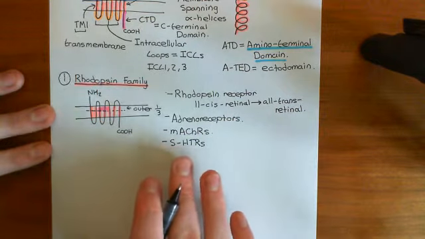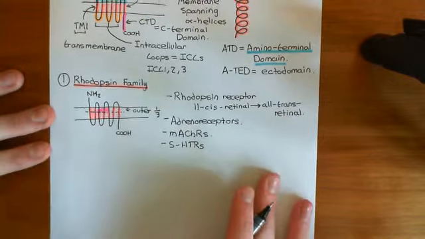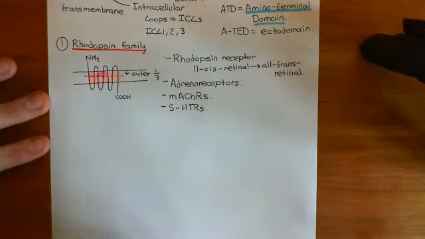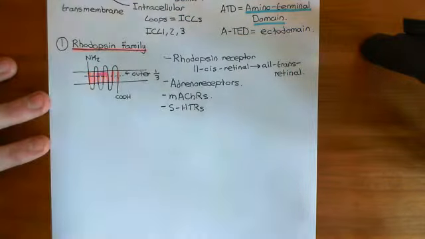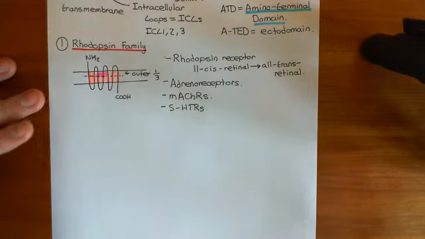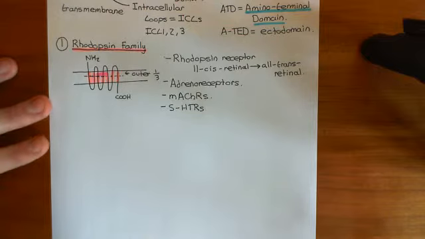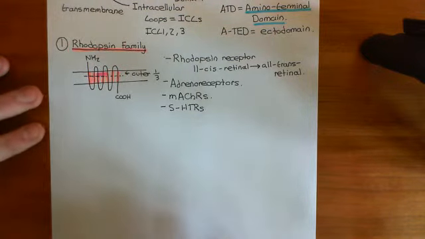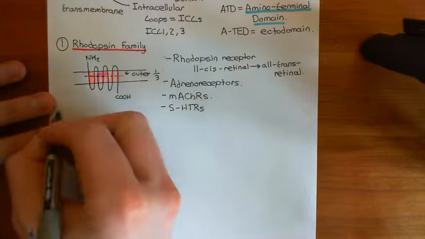The 5-HT3 receptors are actually not G protein coupled receptors at all, but rather are ligand-gated ion channels. But all the other serotonin receptors apart from those are rhodopsin family G protein coupled receptors. So that's the rhodopsin family of G protein coupled receptors.